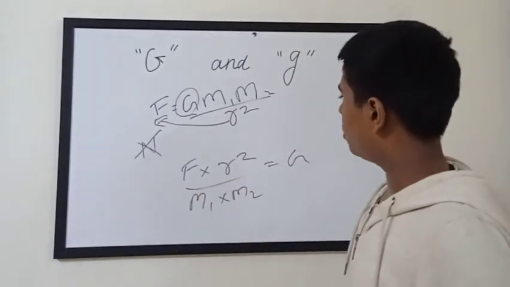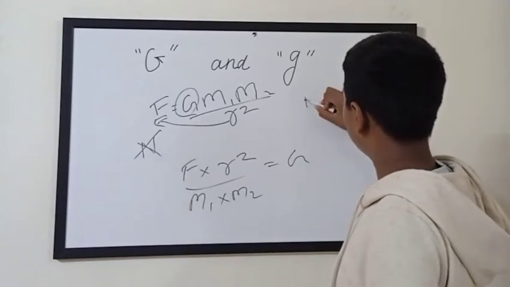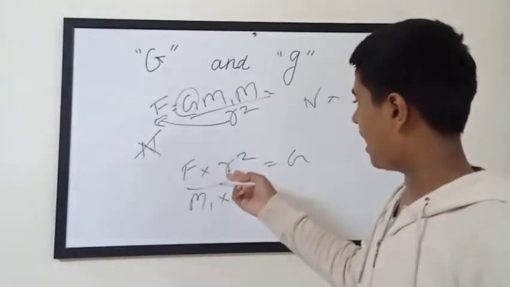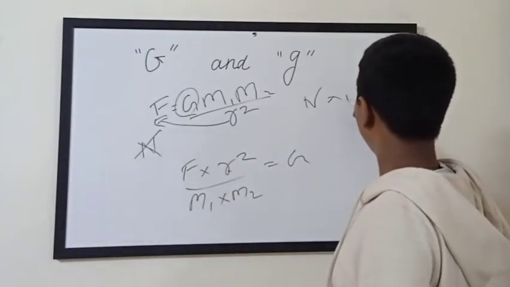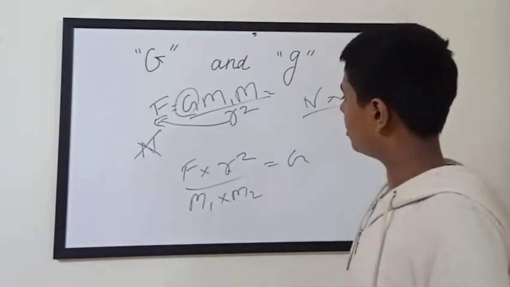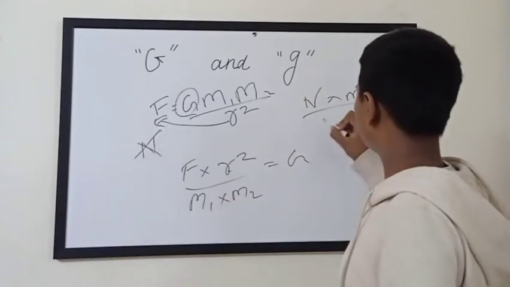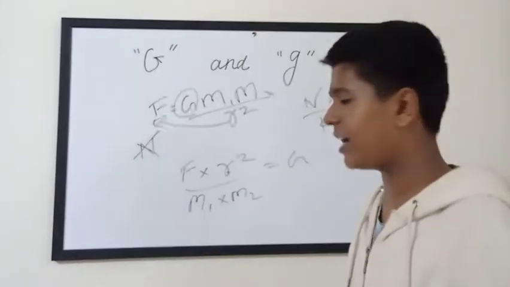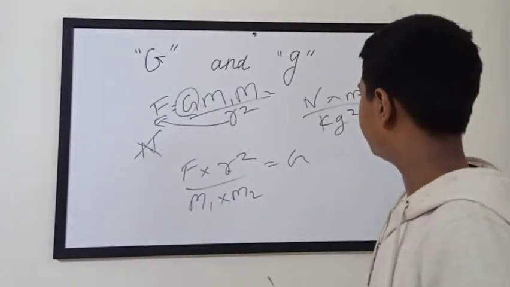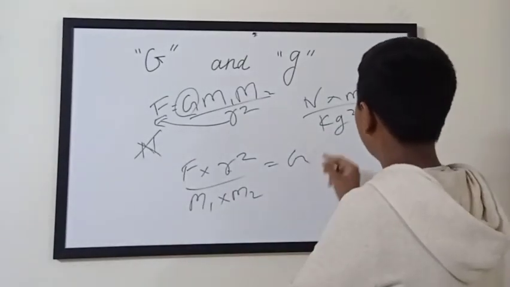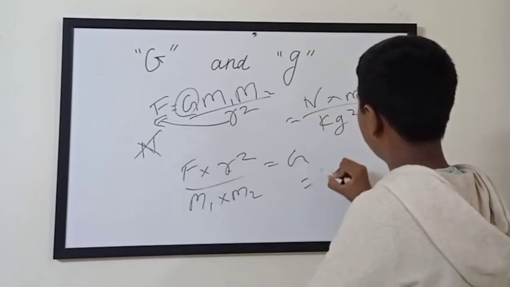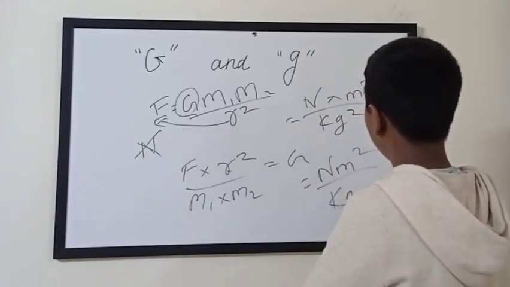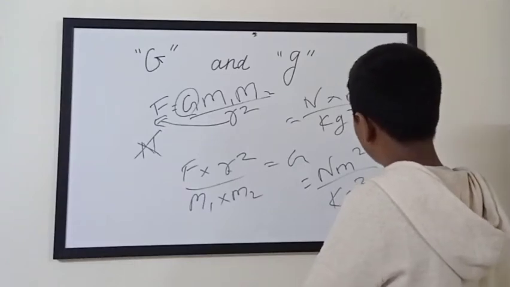Now the unit of this is what? Force is what? Newtons. R is what? R is our meter square, right? Then we got this kilogram also squared, anything multiplied by itself, then it will become a square. Now what will this give? Newton meter square upon kg square.